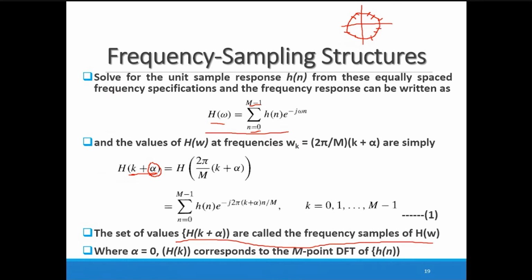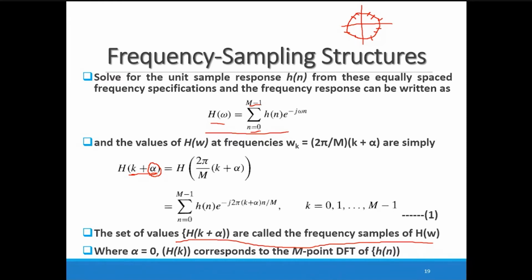So simply you have to understand that instead of taking H of omega, the entire frequency response, we are dividing the frequency response into k number of samples. That division is 2 pi by M into k plus alpha. By that particular sampling frequency we are dividing the output, so instead of getting the entire frequency response, you are getting the frequency response at each sample.